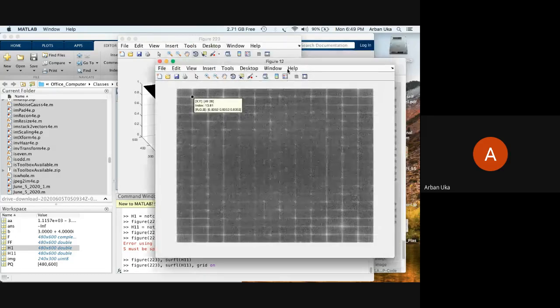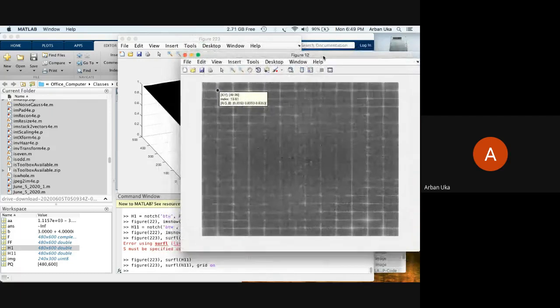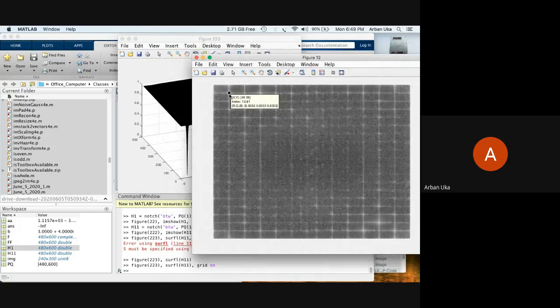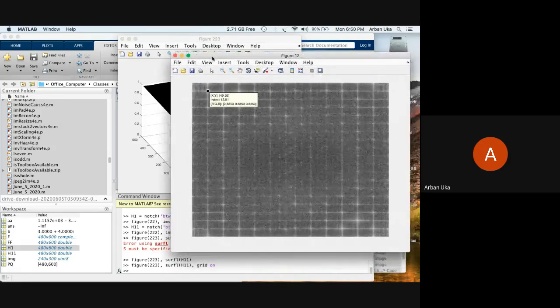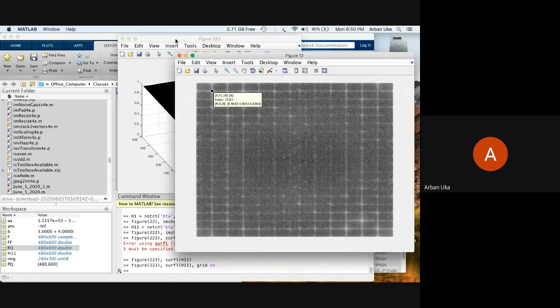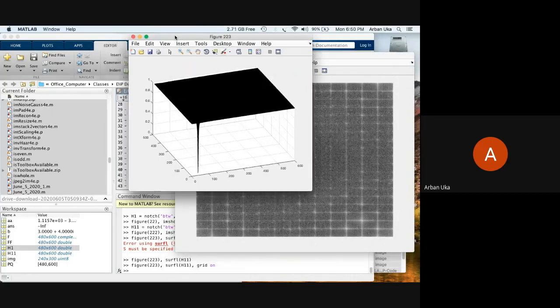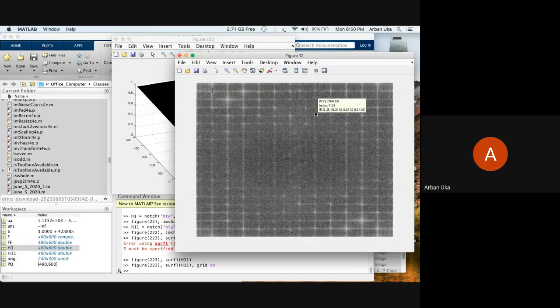This is a mathematical construct which, if we want to filter a specific frequency, if we want to precisely clear out a specific frequency, we need to multiply the data with a filter which is 0 exactly at this point.